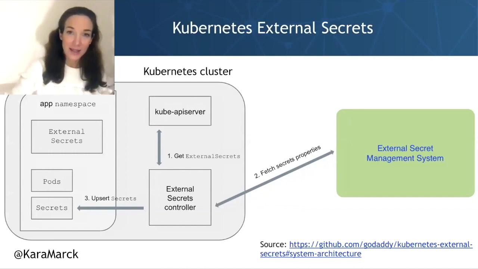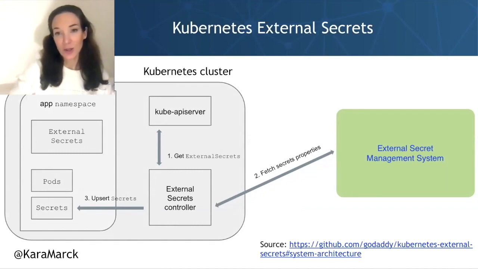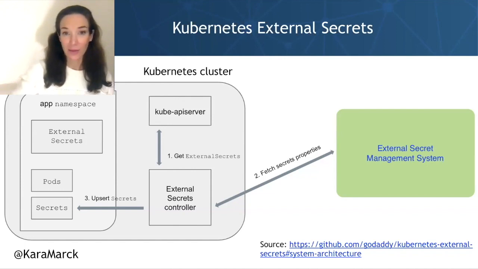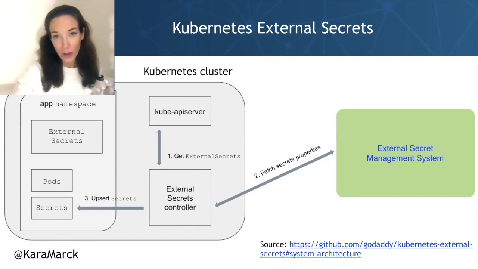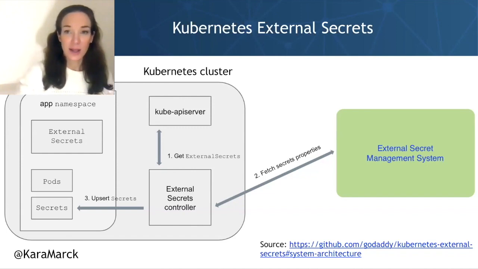The project extends the Kubernetes API by adding an external secrets object using a custom resource definition and a controller to implement the behavior of the object itself. So an external secret declares how to fetch the secret data, while the controller is responsible for fetching that secret data from external providers and converts all external secrets to Kubernetes secrets. The conversion is completely transparent to the pods, who could then access the secrets normally.